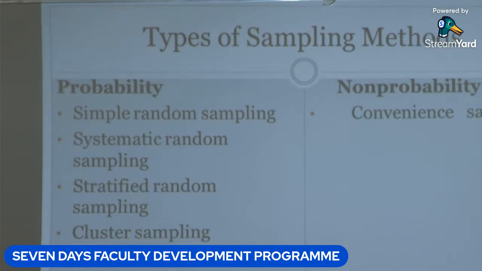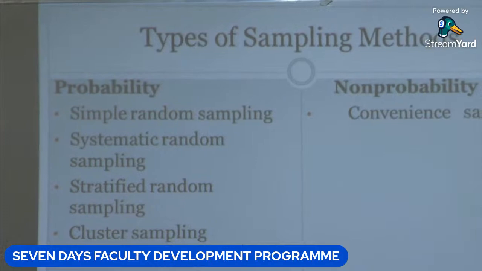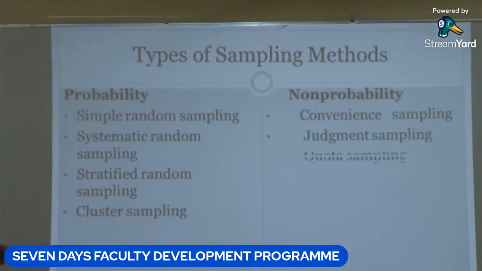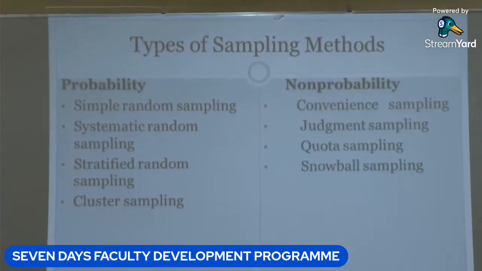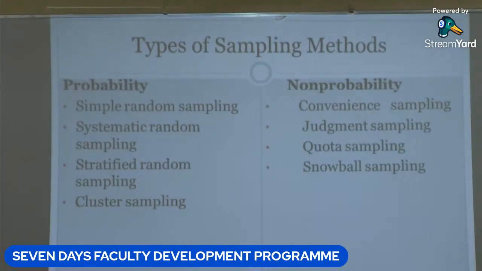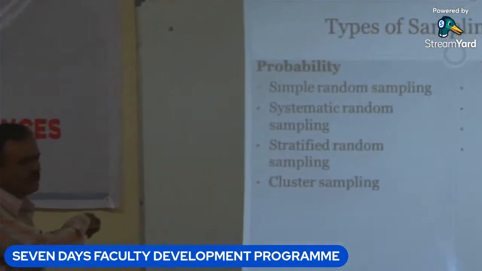Whereas in case of non-probability, the most important methods are convenience sampling, judgment sampling, quota sampling, and snowball sampling. So these are the important sampling methods under probability and non-probability, that is, random and non-random.